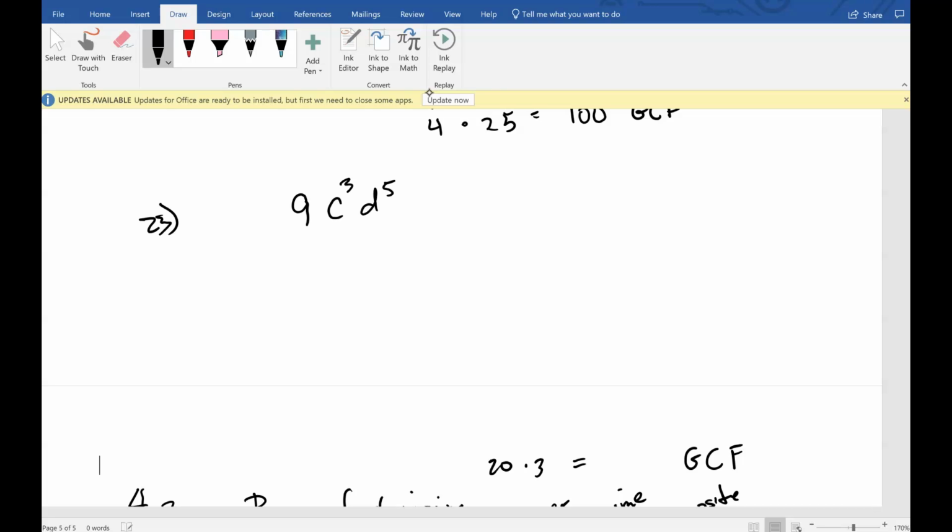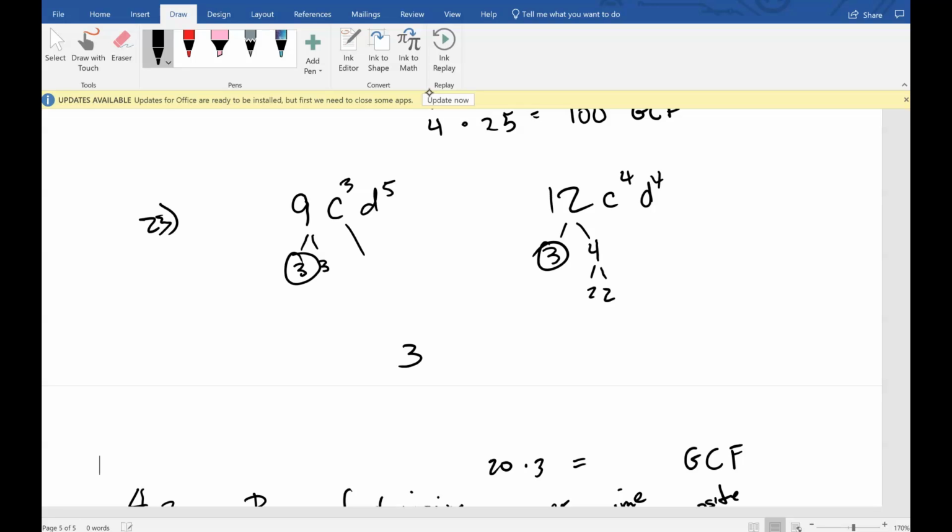And then the other number that we're looking for commonality with is 12, c to the 4th, d to the 4th. All right, so if we broke these numbers down, we get 3 times 3. 12 is 3 times 4, and 4 is 2 times 2. So looking for commonality, there's a 3 that appears in both lists, and that's about it. So 3 is the number that's in common.